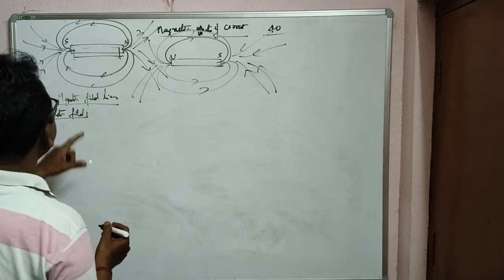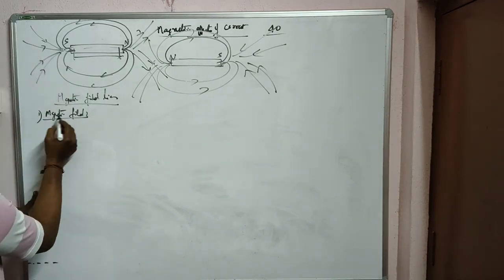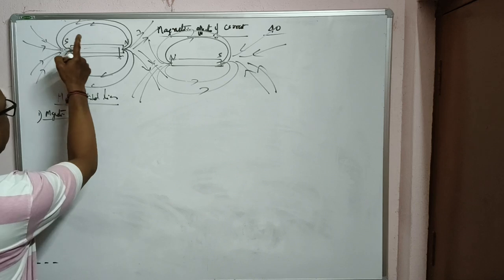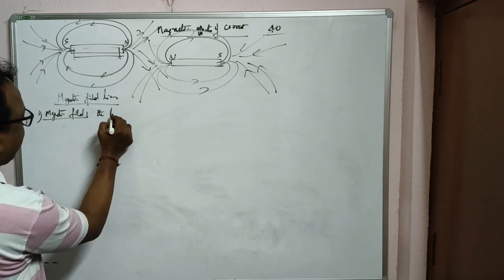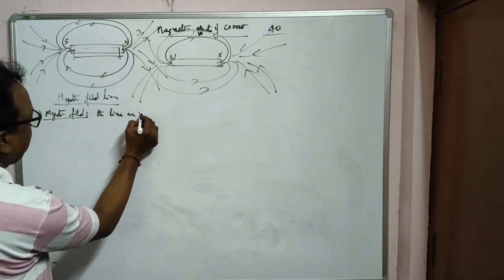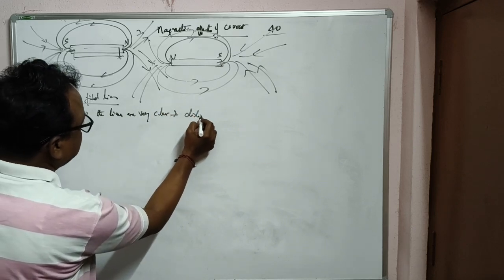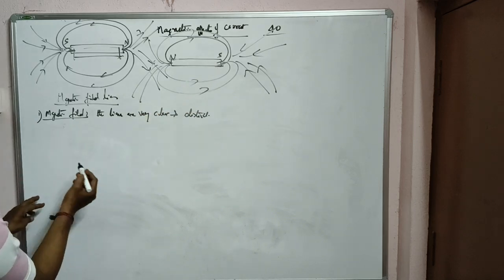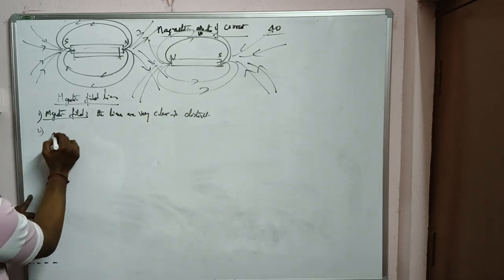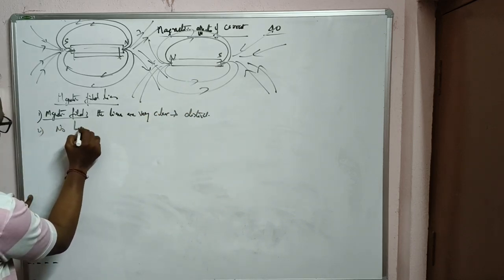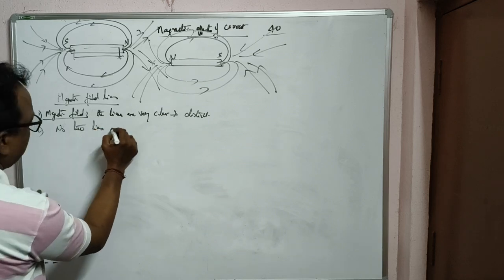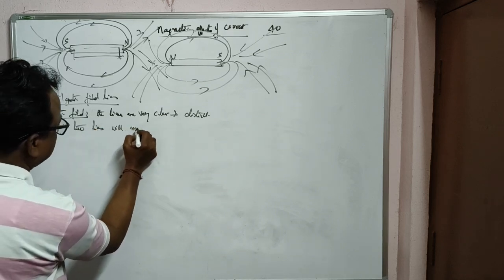And not only that, if you observe the magnetic field lines, the lines are very clear and distinct. And second, no two lines will meet each other.